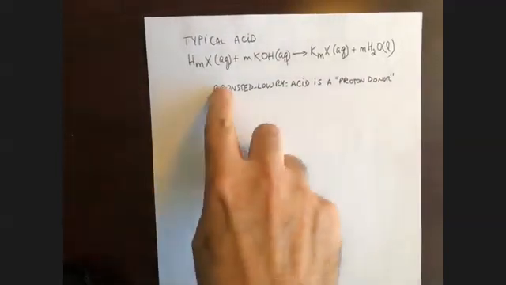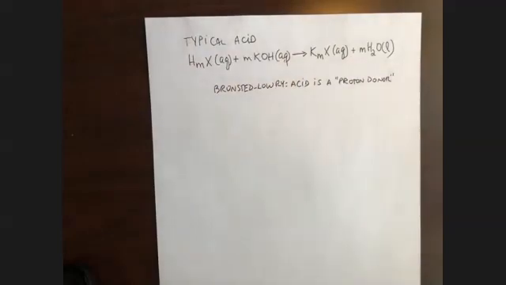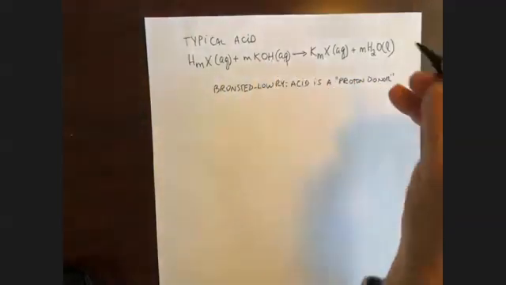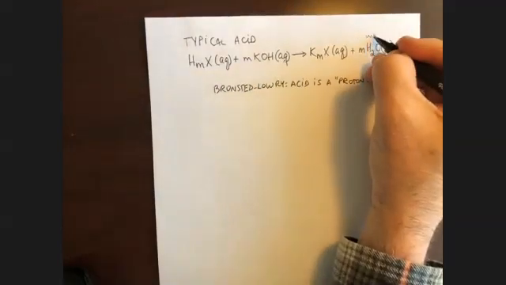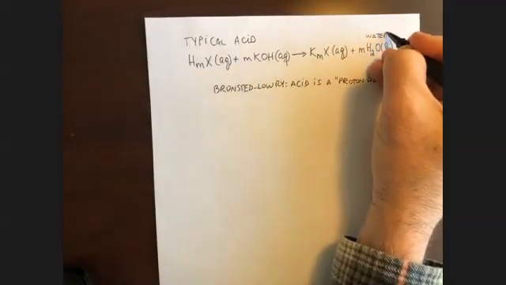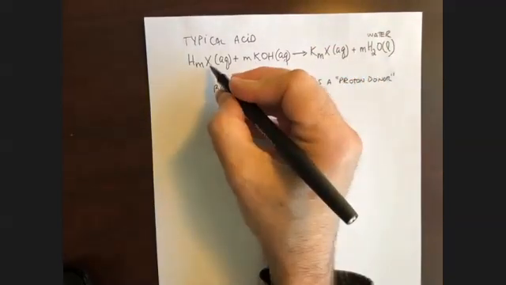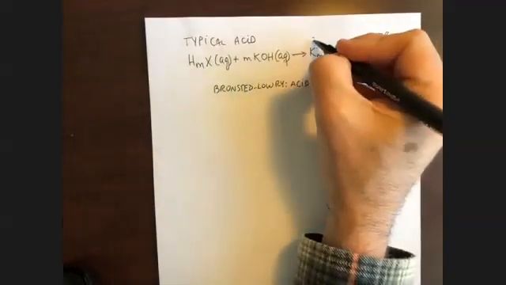And in this reaction with KOH, as you can see, those hydrogens are transferred to the hydroxide ion here to form water. And the potassium and whatever the ion here, X is, they form a salt.